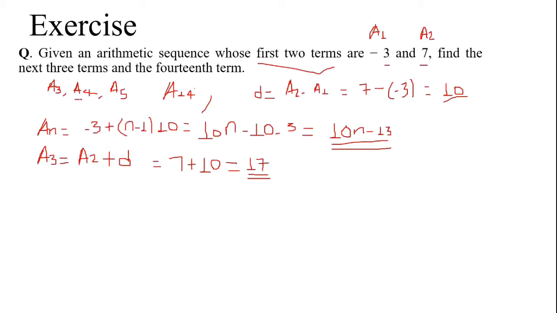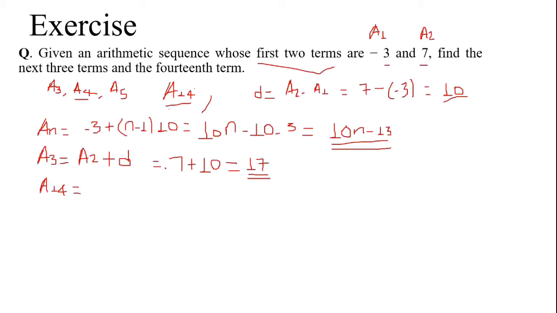So now let's find what is the value of the 14th term. So instead of finding each value of an arithmetic sequence, it's better to use a general formula for obtaining this 14th term. So A14 is just calculated by using this general formula.